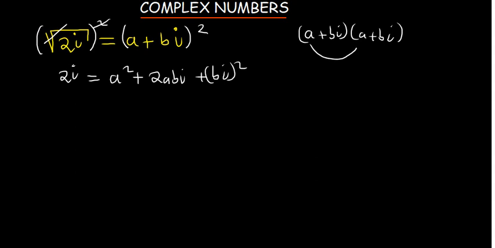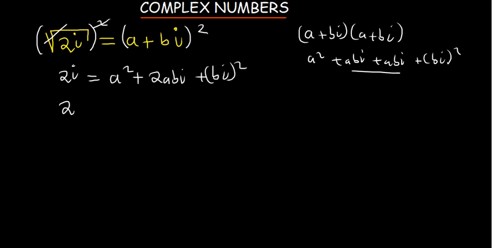So multiply a by a, that is going to give us a squared. Multiply a by bi, that is going to give us abi. Multiply bi by a, that is going to give us abi. And then multiply bi by bi, that is going to give us b squared i squared. So it is this one, abi plus abi, that has given us 2abi.